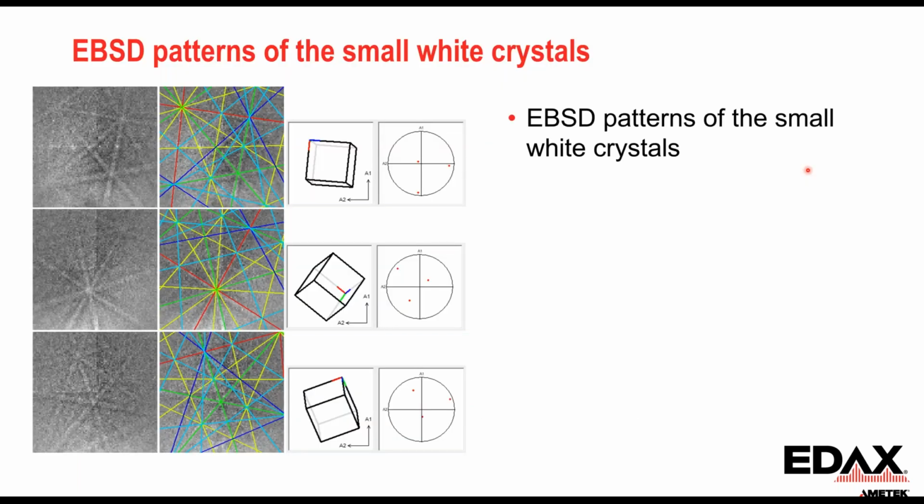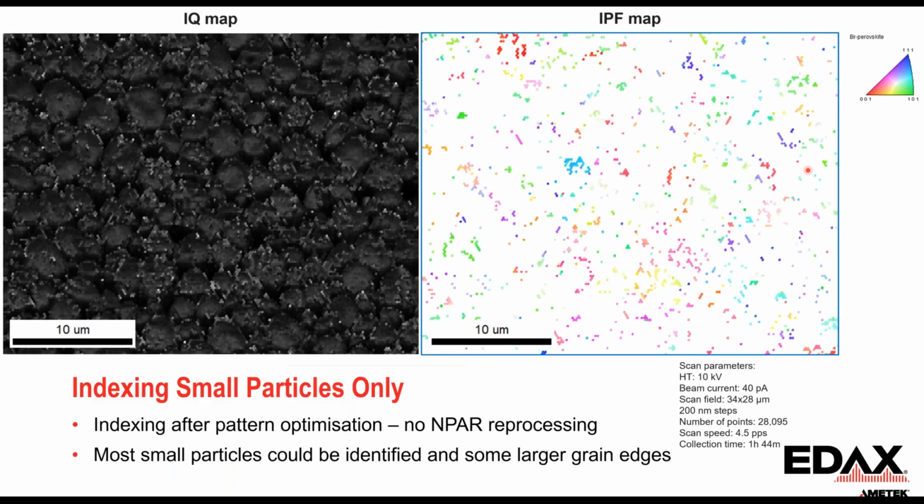If we analyze the structure, we see that the small white crystals produce pretty nice patterns. You can see those on the left, with distinct bands. We can index those and find the orientation pretty straightforwardly. When we do our first mapping of the surface, we can measure the orientations pretty nicely of those smaller particles, and some of the larger grain edges will also produce patterns.